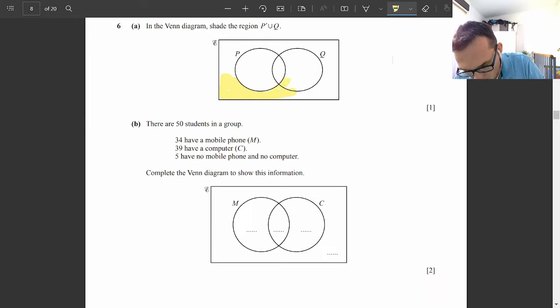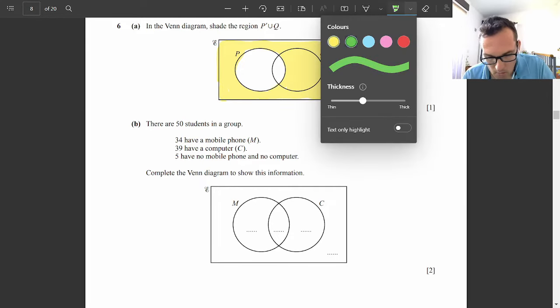Use your pencil, turn it sideways. Remember what you learned in primary school. Okay, and we shade it nicely. Don't draw lines. They want you to do some proper coloring in here. There we go. That is the complement of P.